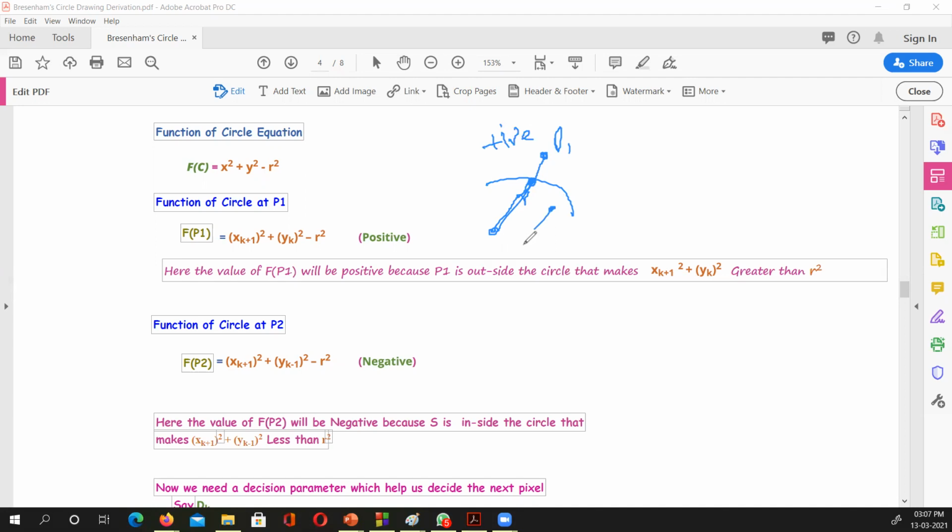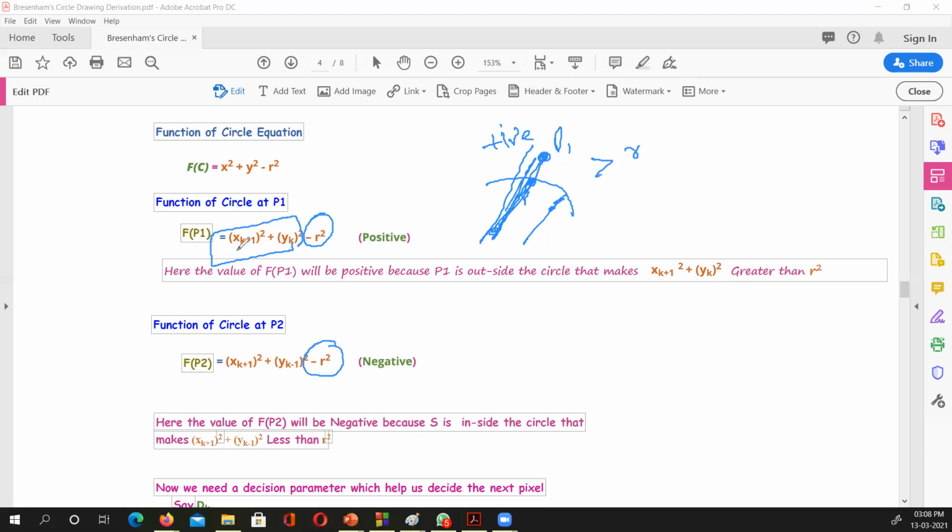For the pixel inside the circle, the distance is less than the radius. I know this much is greater than the radius, because this means the whole distance, the Pythagoras theorem, the hypotenuse, the whole distance is going to be greater than the radius.